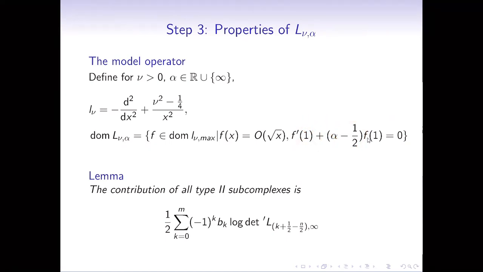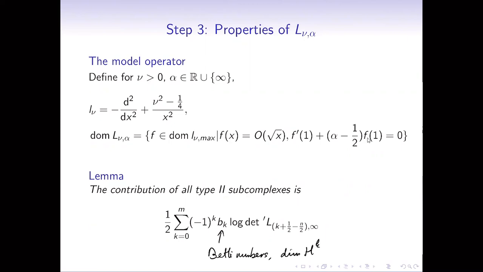So if this number is infinite, we just decide to ignore this one, and only consider f(1) to be 0. So the contribution of all type 2 subcomplexes together is going to be this. There are two parts to this. Over here, we have the Betti numbers, or the dimension of the harmonic forms in order k.